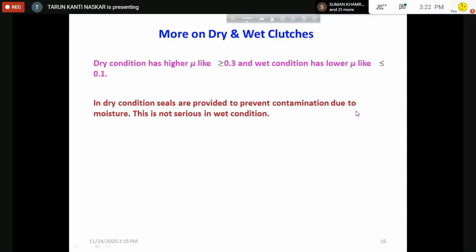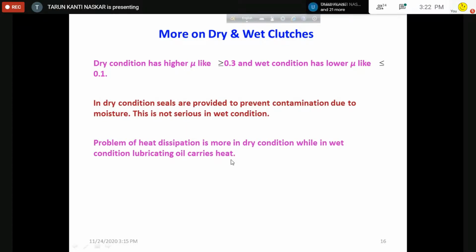If you like to ensure dry condition, it should be covered. There should be a seal so that moisture cannot affect the dryness. This is not serious in wet condition, so seals may not be used for wet condition.